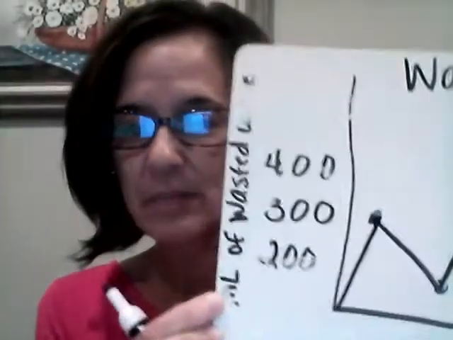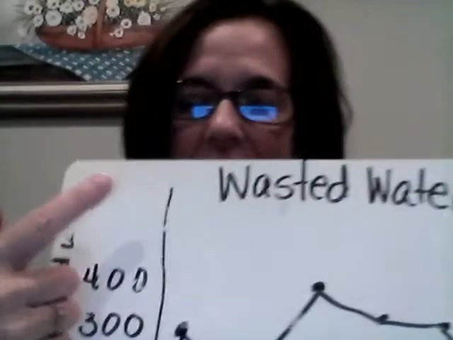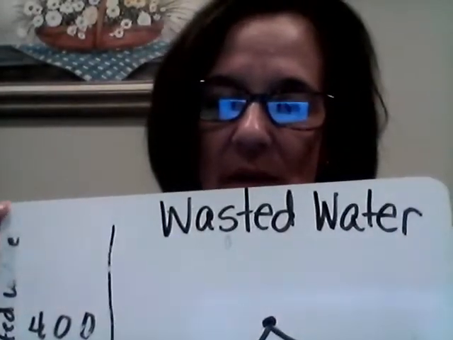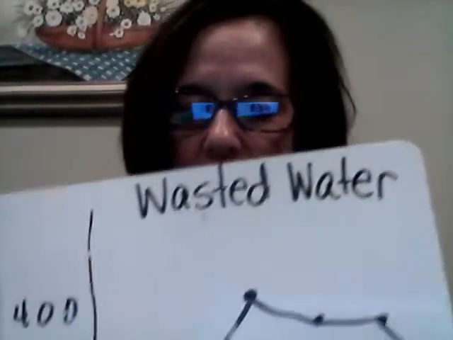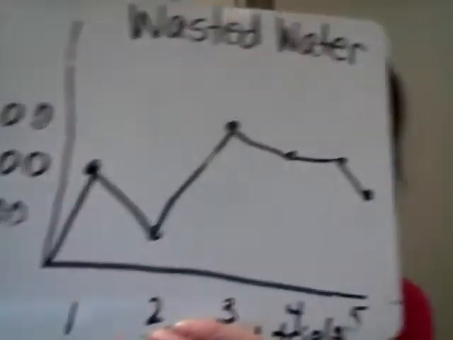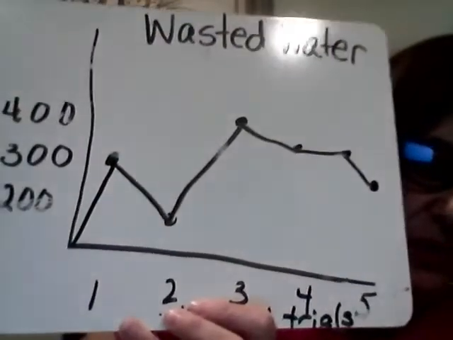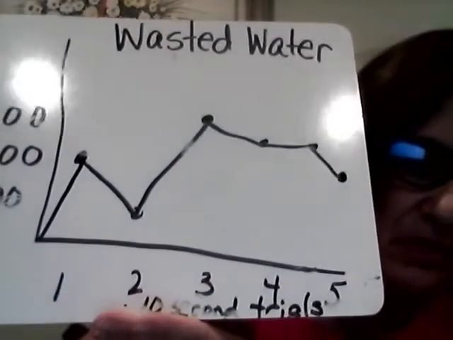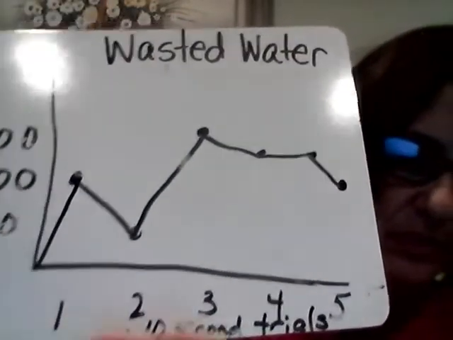Okay, so now check the line graph that you made. Check to see if you have a title, wasted water. Check to see if you have labels. I have labels at the bottom, 10-second trials.